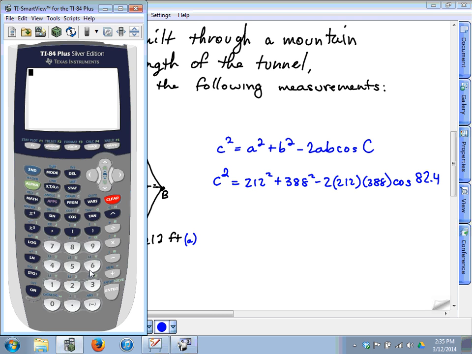Let me try this again. See, if you're careful, you can type this all at once. I wasn't careful. 212 squared plus 388 squared minus 2 times 212 times 388 times the cosine of 82.4. There we go.